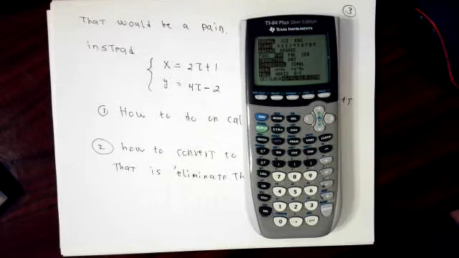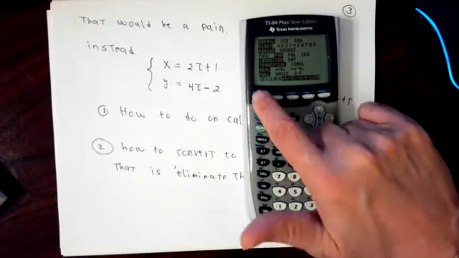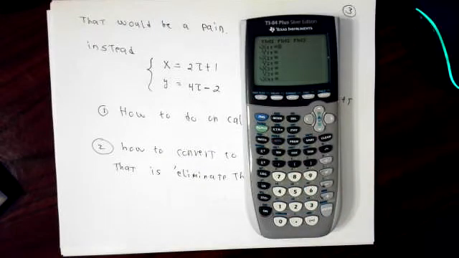Previously, it said Y1 equals, Y2 equals, and so on, but now it says X1T, which is short for X1 of T, and Y1 of T, and X2 of T, and Y2 of T. For each graph that you want to use, you're going to have to tell it both the X and the Y coordinates in terms of the parameter T.